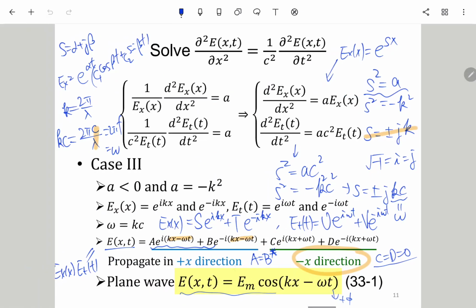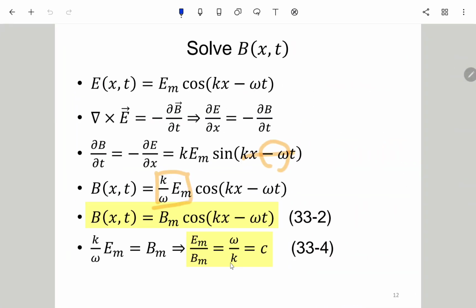And then previously we already derived that k times c is omega, so which means omega over k is c. So we also get this formula.